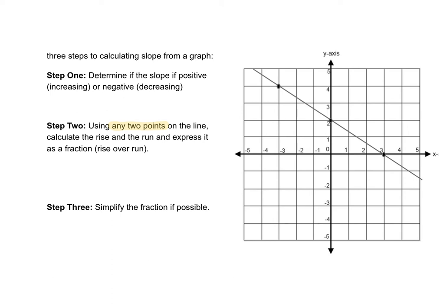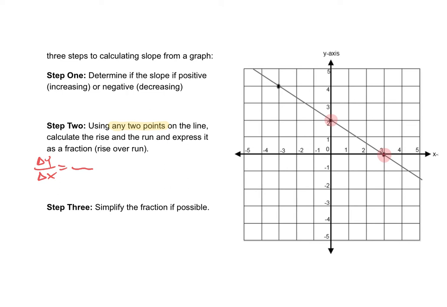I'm going to show that it really doesn't matter which 2 points you pick. I'm going to start with these 2. I'll start with this point and this point. Set up my change in y over change in x, and then let's calculate it. So I'm going to start from the bottom on this one, and first I want to calculate my change in y, which is my rise over run.